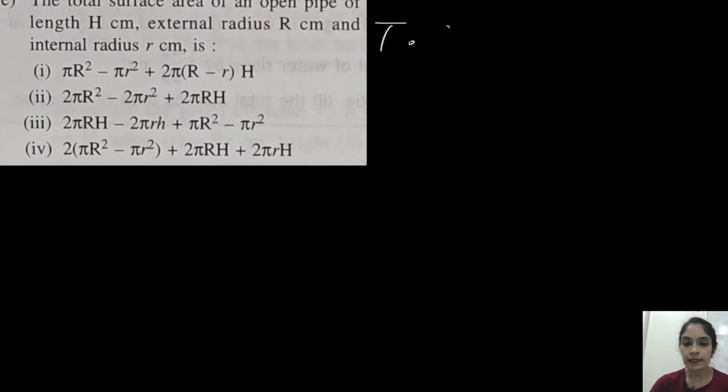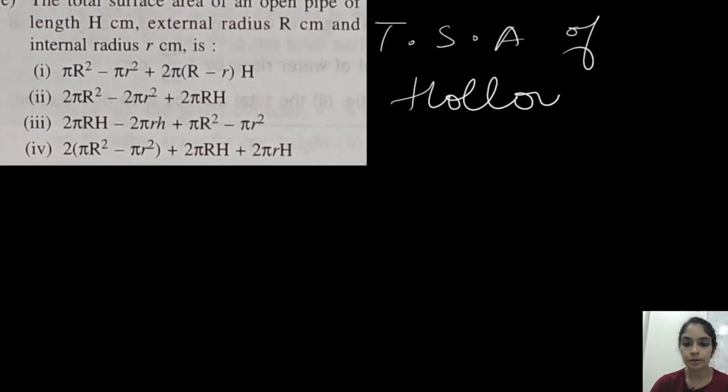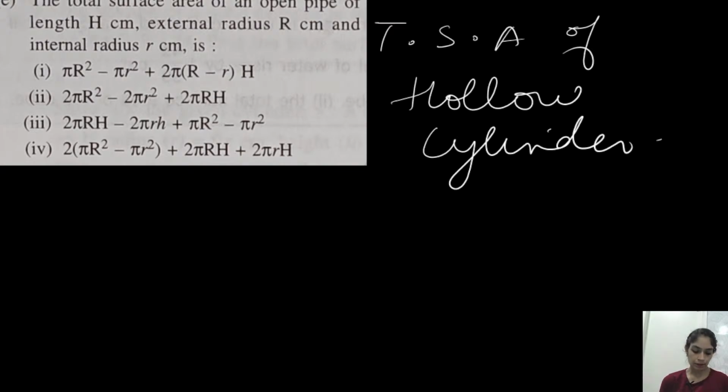Total surface area of hollow cylinder. This is just a formula. So which option? The formulas I have shown you at the starting only.